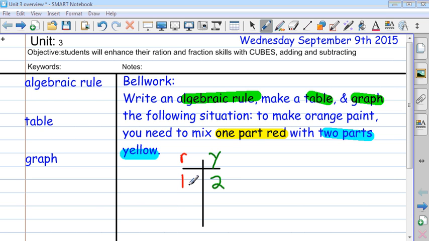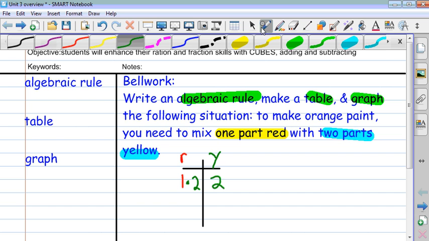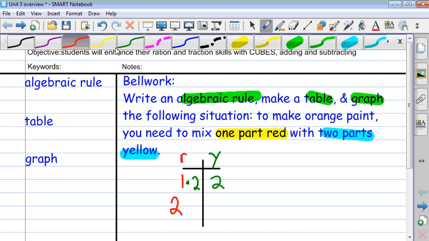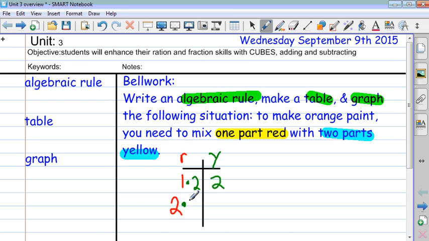Well, I know my scale factor. It's going to be times 2. So if I have 2 parts red and I multiply it by 2, how many yellow am I going to get? Well, I'm going to get 4.